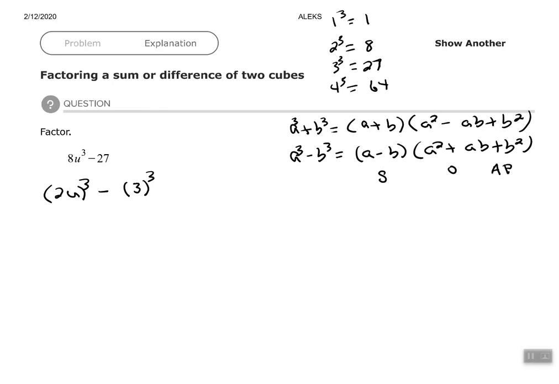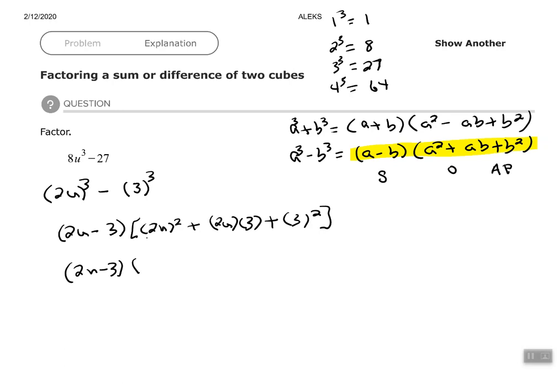So to factor this, we will be using this second form that we have here. 2u is in the place of a, 3 is in the place of b, and then you have 2u squared based on the formula, plus 2u times 3, again based on the formula, plus 3 squared. So that was all based on that formula there.